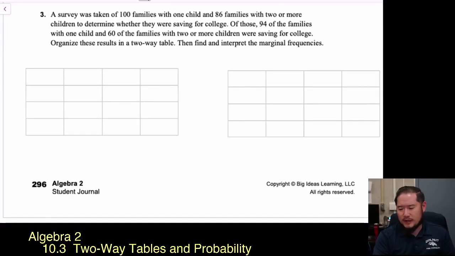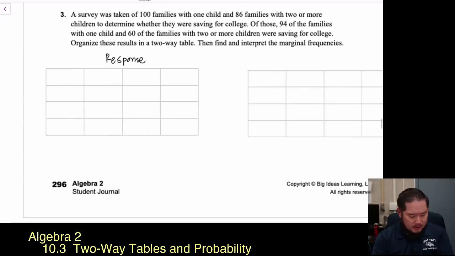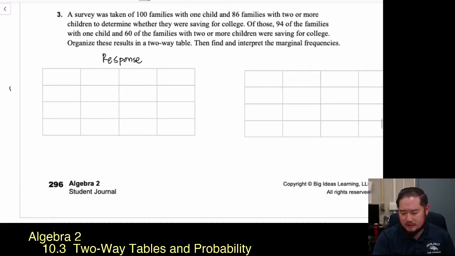For myself, let's go ahead. We'll make the top, we'll put responses. Down on the side right there, we'll talk about family size, okay?